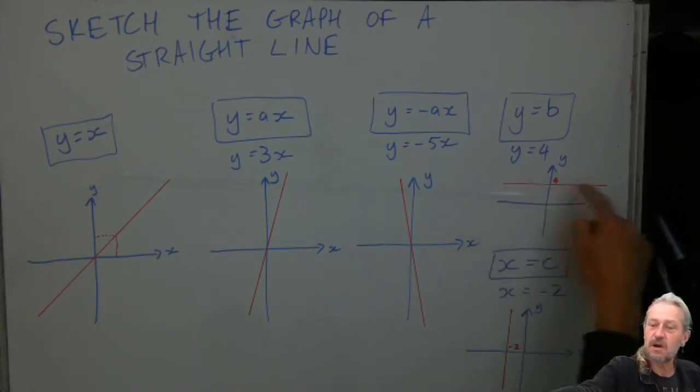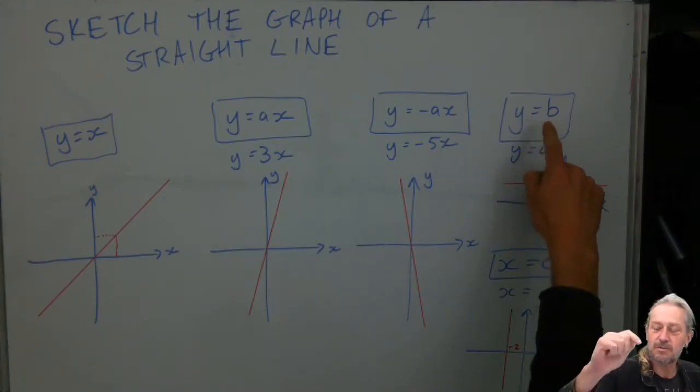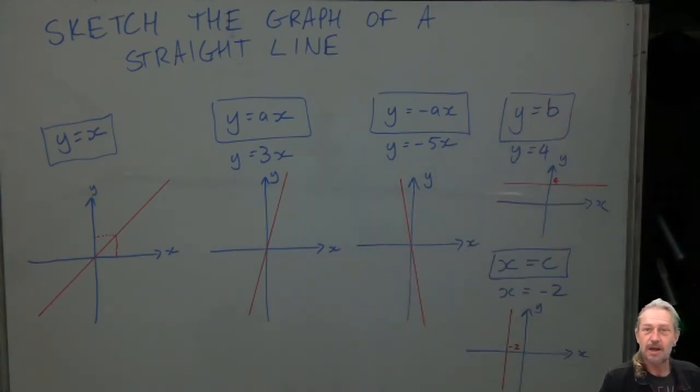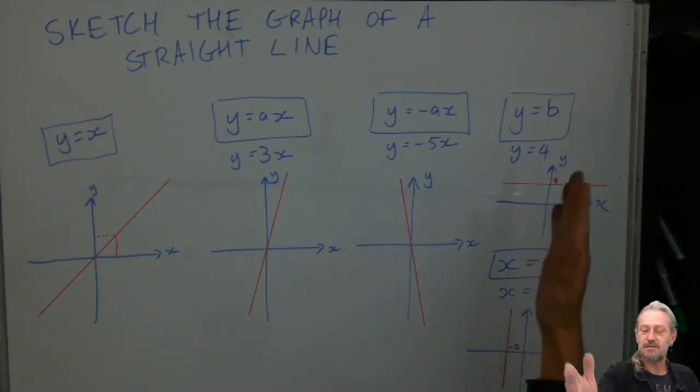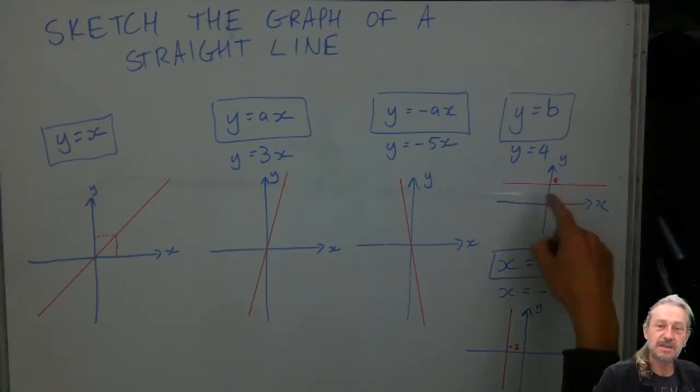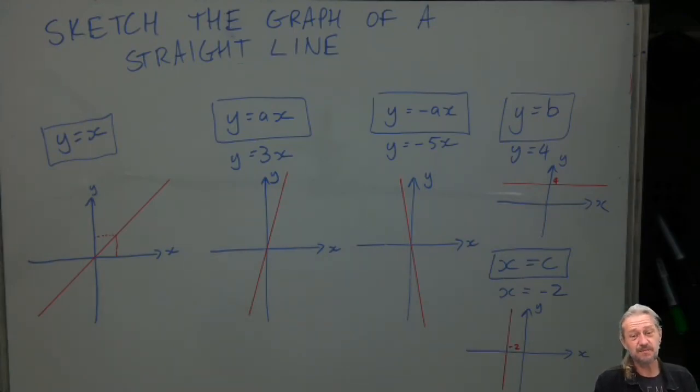So for horizontal lines where y equals a number, it doesn't matter what value x is because we've got no x in our equation. And the same if we have no y in the equation. Probably won't come across these that often, but just in case, it's worth bearing in mind.